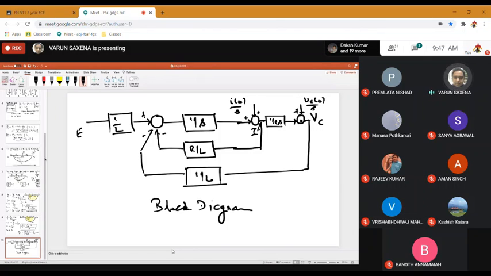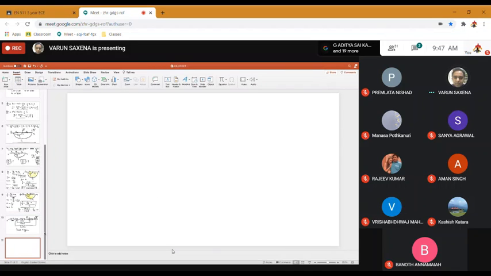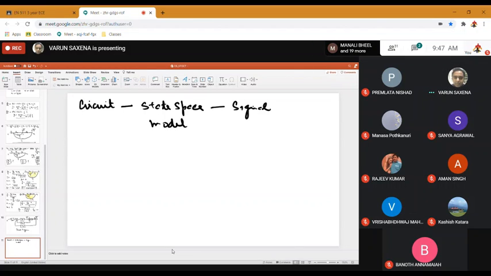So this is basically let me just summarize it. One slide. So you have a circuit. From circuit we went to state space model. Then from here we went to signal flow graph. Then from here we went to transfer function evaluation.